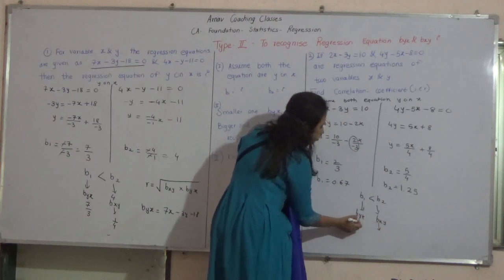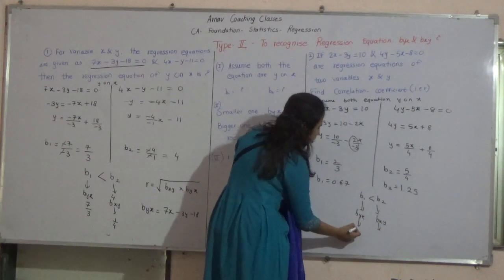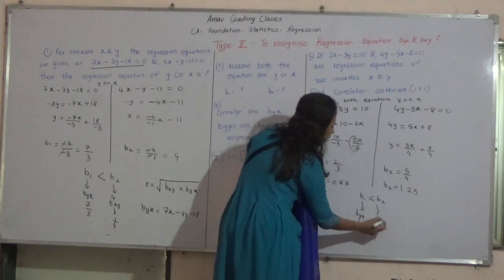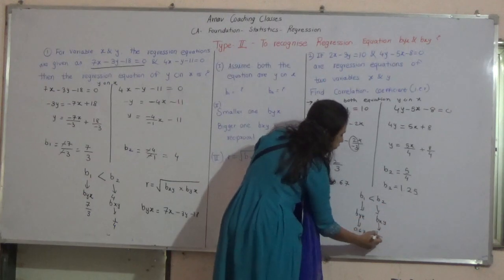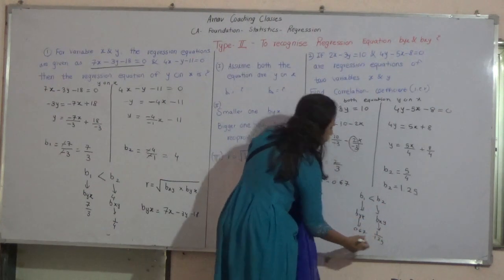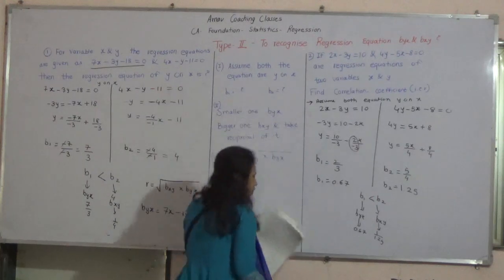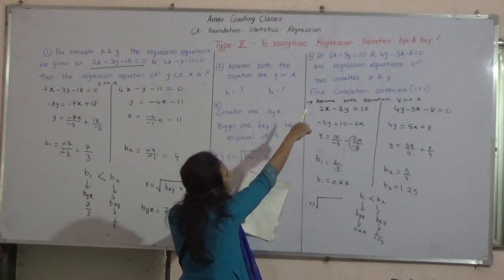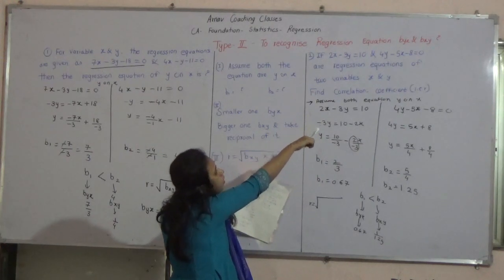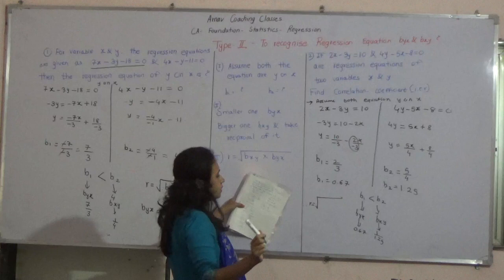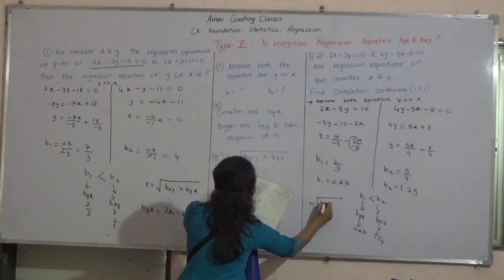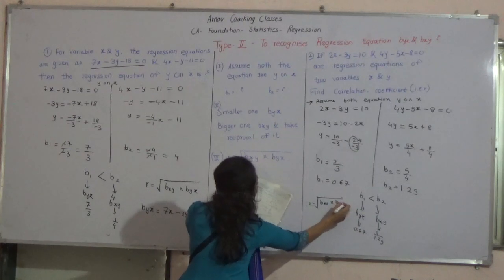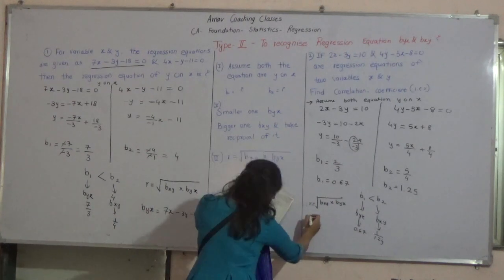But what I told you, take the reciprocal of x on y. So the reciprocal is 1 upon 1.25. Therefore, they have asked you the correlation coefficient. Correlation coefficient means r. So r is the square root of b x on y into b y on x.